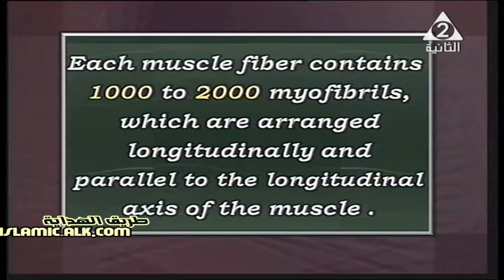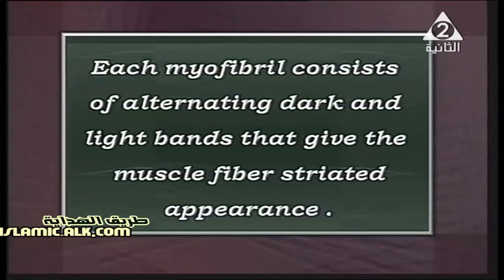Each muscle fiber contains about 1,000 to 2,000 myofibrils, which are arranged longitudinally and parallel to the longitudinal axis of the muscle. Each myofibril consists of alternating dark and light bands that give the muscle its striated appearance.